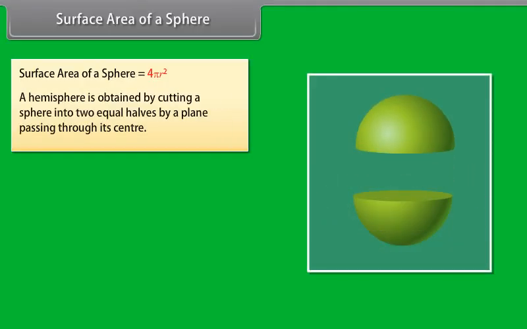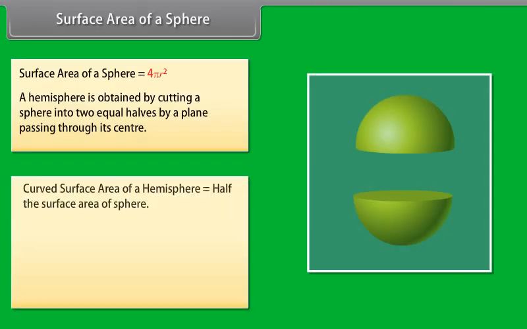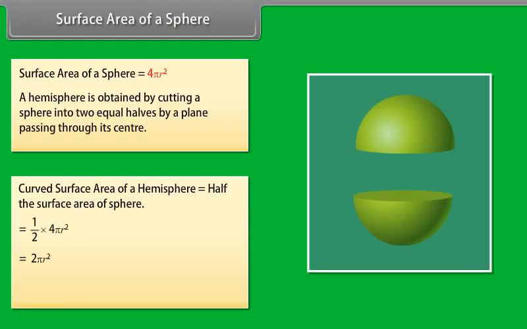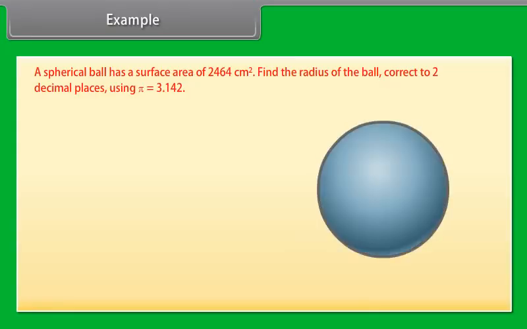Therefore, by substituting the values we get, surface area is equal to 3.14 into 10 into 10 plus 15. By solving this, we get the surface area as 785 square meter. Therefore, the surface area of the right cone is 785 square meter.